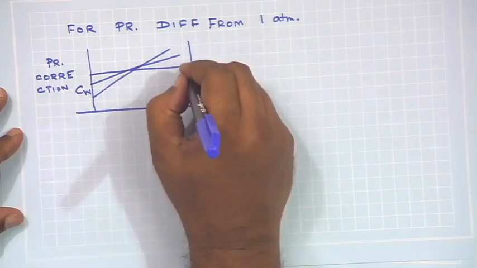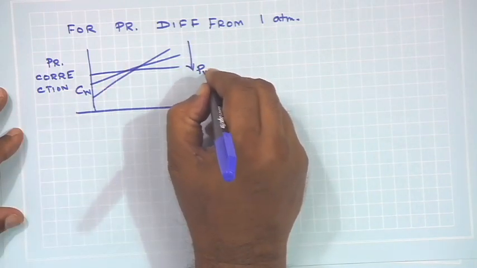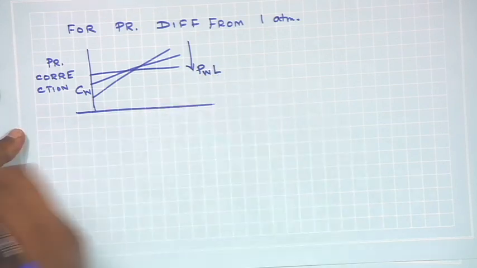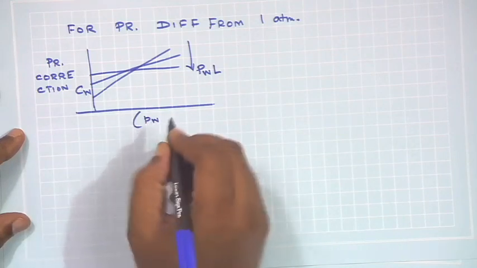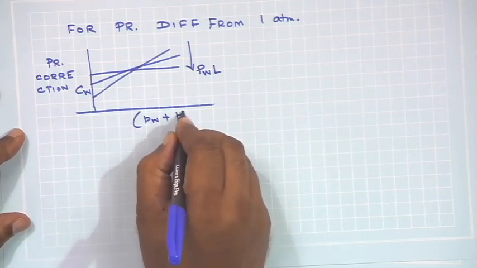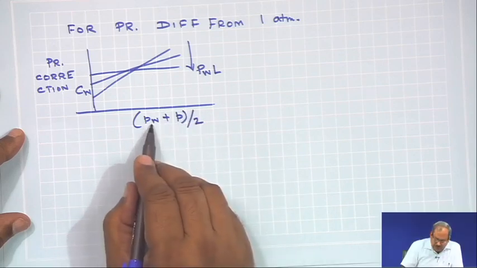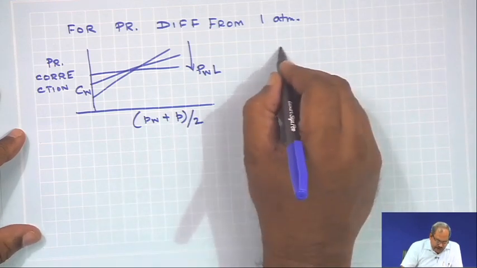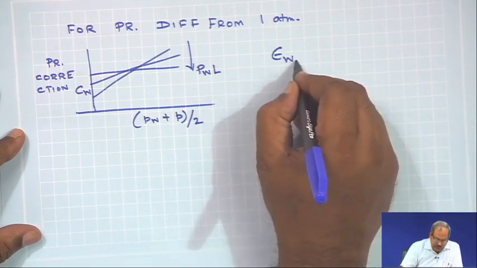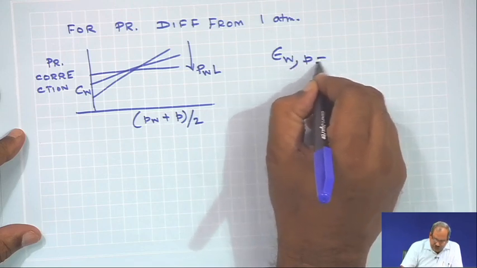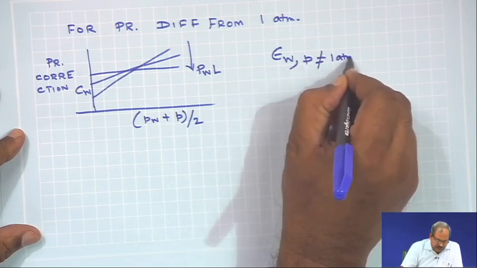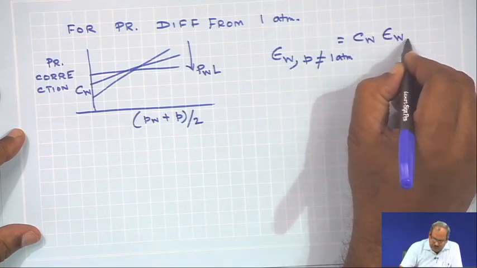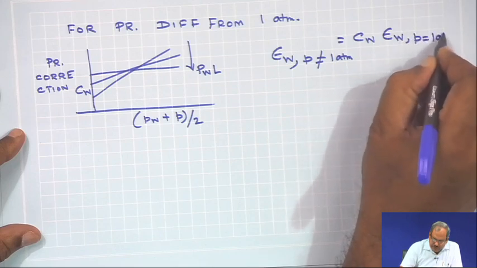These are in increasing order of the partial pressure of water times L, where L is the characteristic length, and this is P W, the partial pressure, plus P, the total pressure, divided by 2. So, this is the partial pressure of water vapor, this is the total pressure divided by 2, and epsilon of water for a pressure which is not equal to 1 atmosphere is equal to C W times epsilon of water when the pressure is equal to 1 atmosphere.